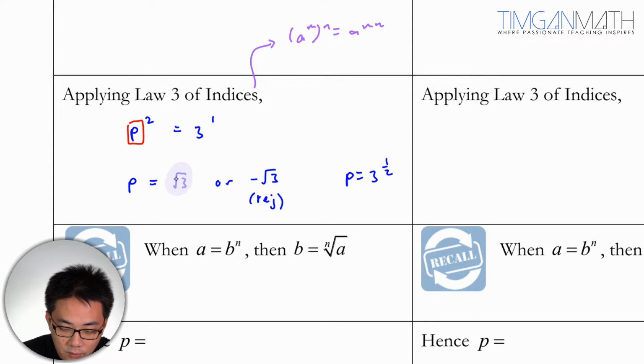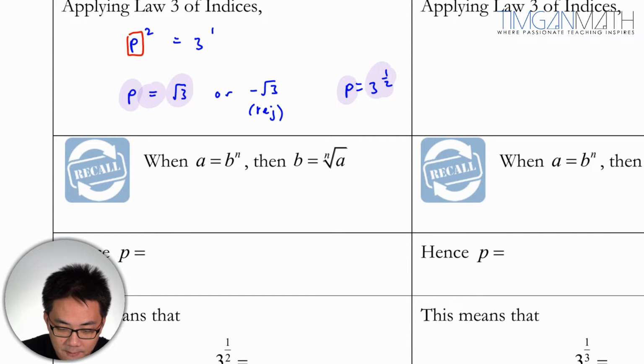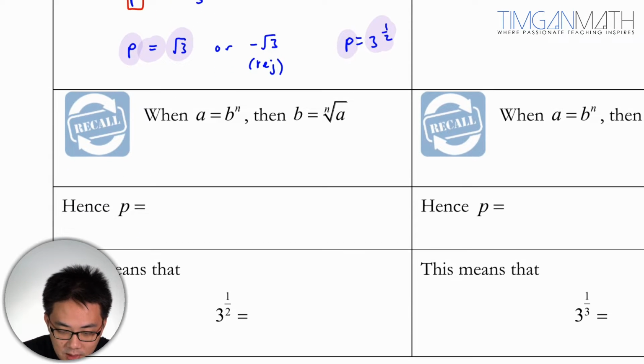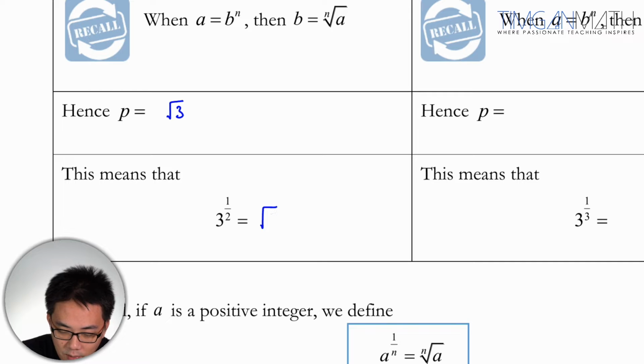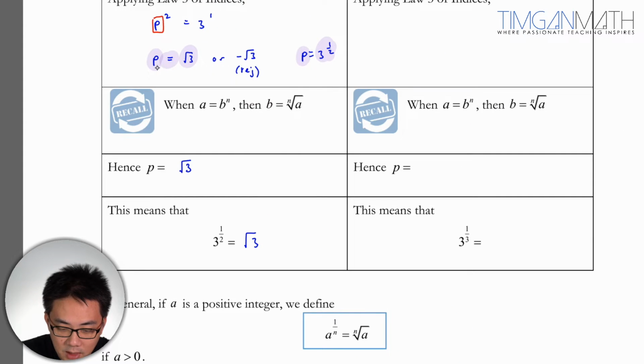Hence P is equal to root 3. So root 3 equals 3 to the power half.